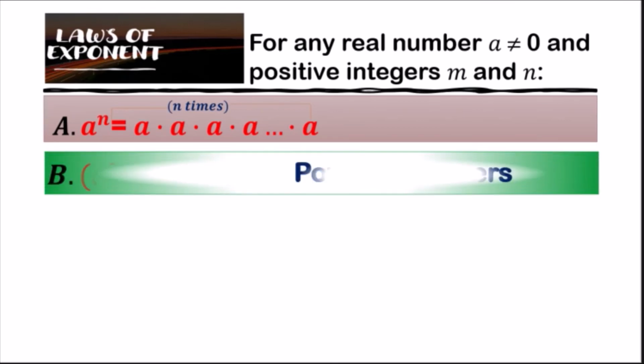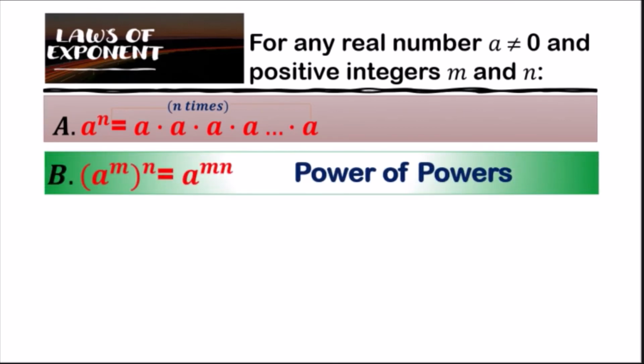The second law is power of powers. It states that the quantity a raised to m, raised to n, is equal to a raised to mn. Just simply copy the base and multiply the exponent.